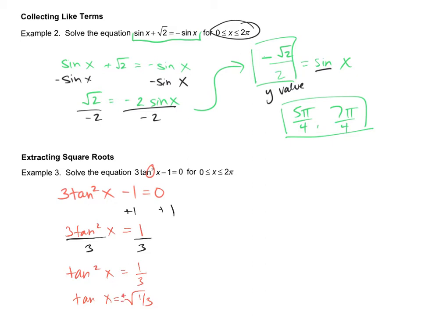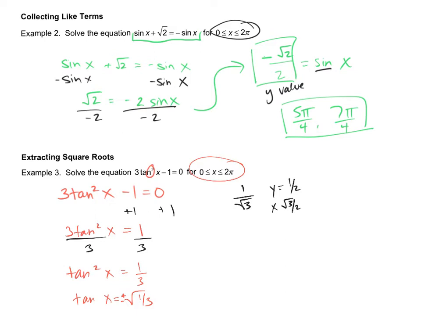So we're actually going to end up with 4 values between 0 and 2 pi. So let's look at what that means. For tangent to come out to be 1 over root 3, because the square root of 1 is 1, this means that y was 1/2 and x is root 3 over 2.